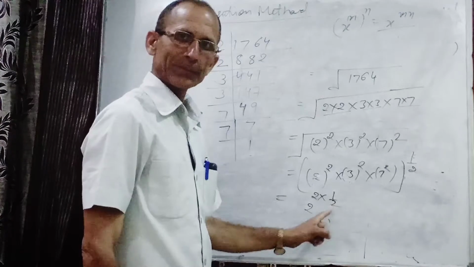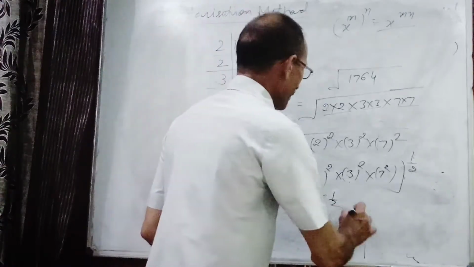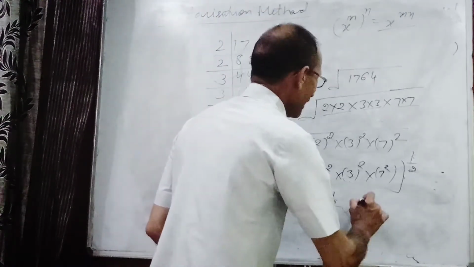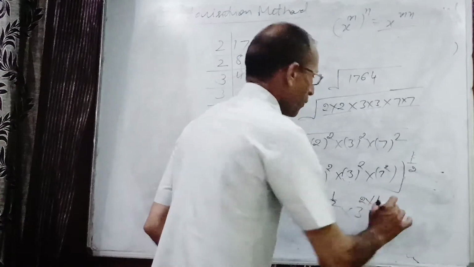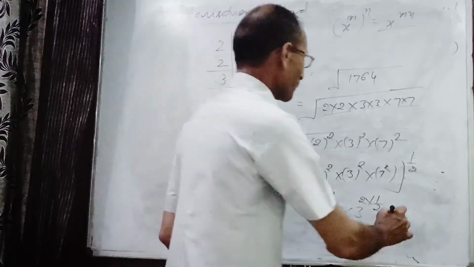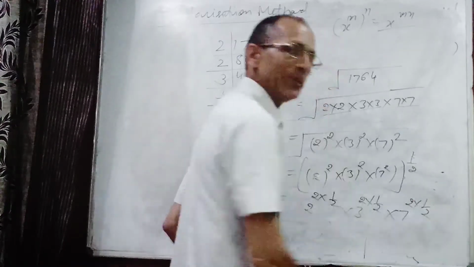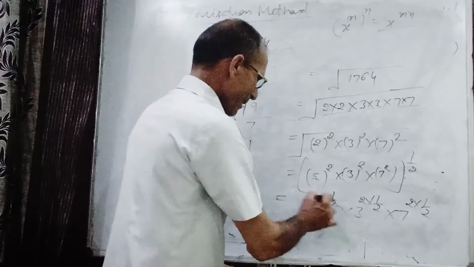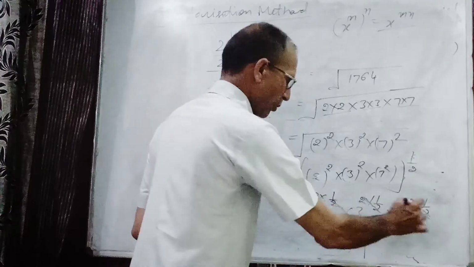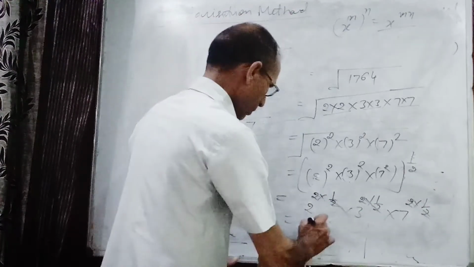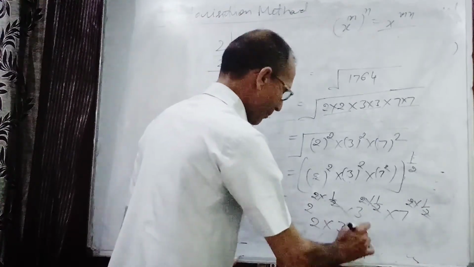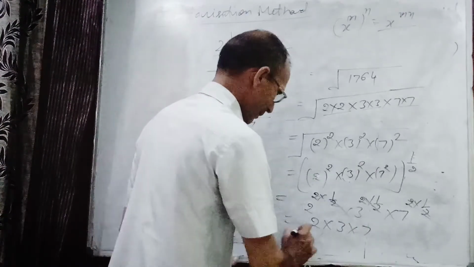Is it clear? Yes. Now 3 square power 1 by 2, 7 square power 1 by 2. 2 cancels 2, 2 cancels 2, 2 cancels 2. So 2 multiplied by 3 multiplied by 7.